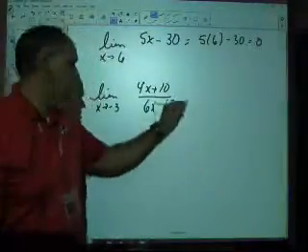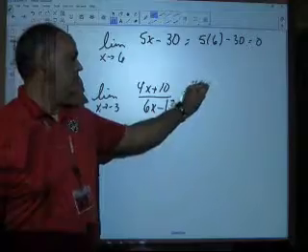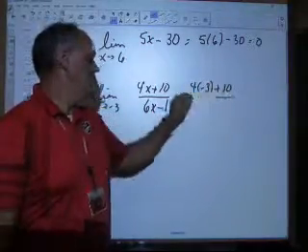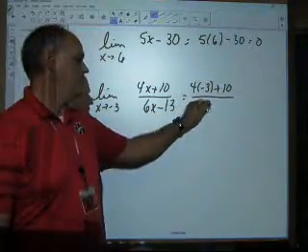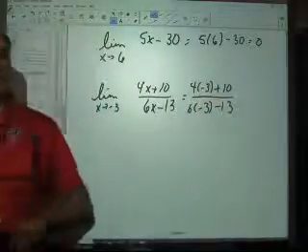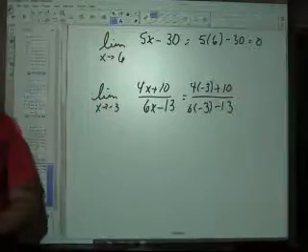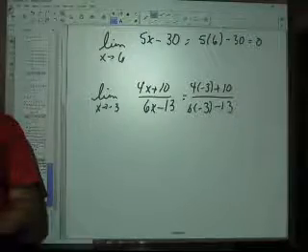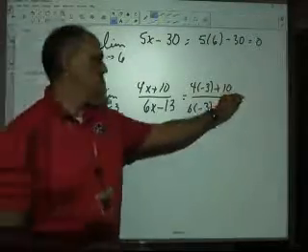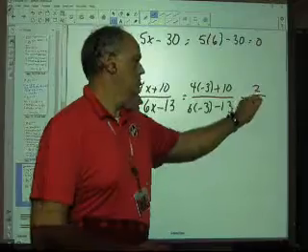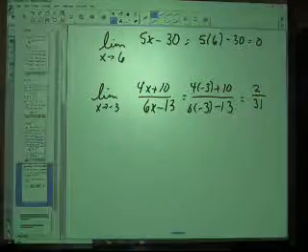Let's see what happens. So we have 4 times negative 3 plus 10 over 6 times negative 3 minus 13. And what do we get? Anybody get 2 over 31?